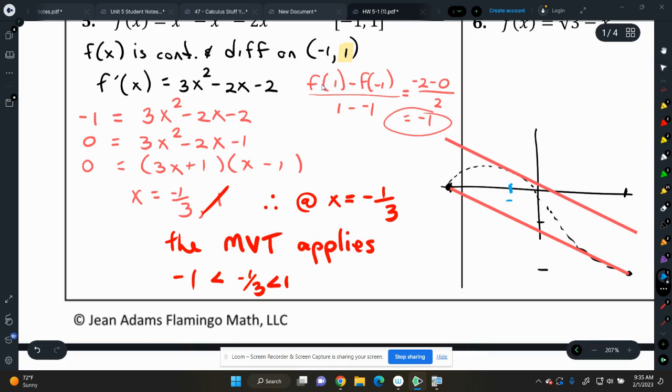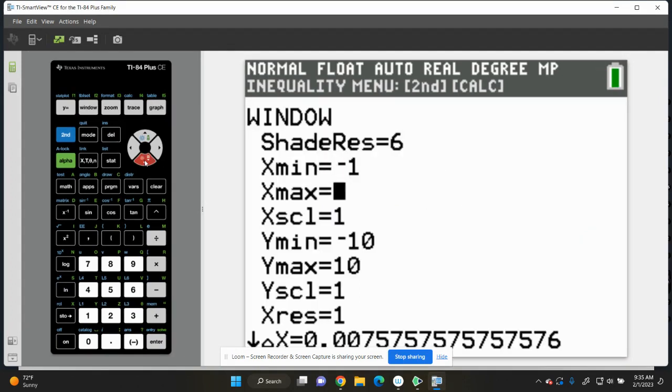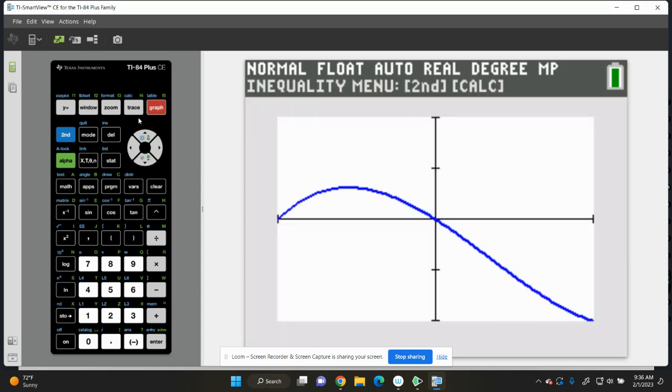So right there at -1/3, the slope of that tangent line is going to be the same as the slope of that secant line. That's what's happening with that curve. It's kind of hard to see on the calculator unless you distort it a little bit, right? So if I change my window, let's do y min be -2 and y max positive 2. Now you can see it a little bit better. So sometimes you just have to distort your graph a little bit so you can see it better. Zoom in a little bit.